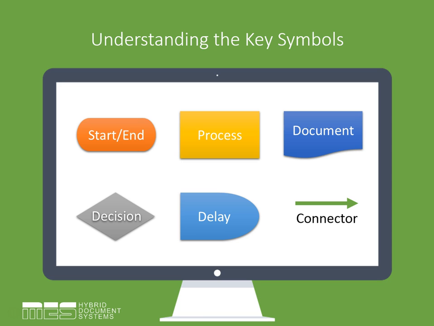This little blue bullet-shaped one is a delay period. So if a task hits a certain point in the process and we want to delay it for 15 days before we make payment, or before we review, or before we escalate it, that's the shape we're going to use to indicate a delay. And the green arrow is our connector. It's what links all the shapes together and all the symbols together.